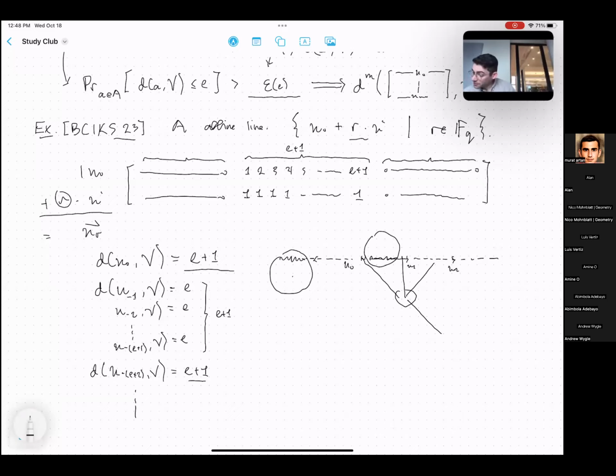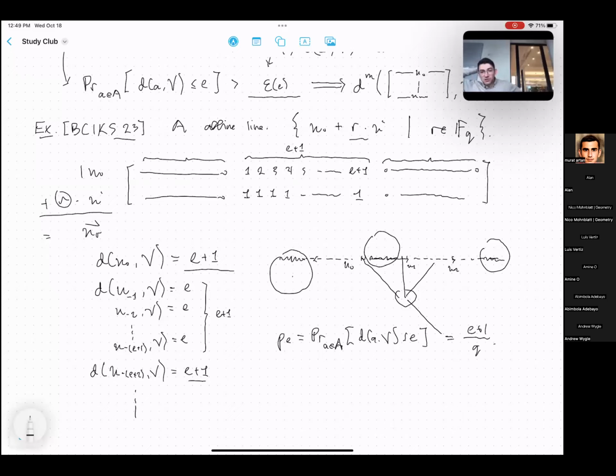So the shaded region now has proportion, what? I guess it'd be E+1 over Q. Yeah, exactly. So this P sub E is the probability over A such that D of A V is less than or equal to E, which equals E+1 over Q.